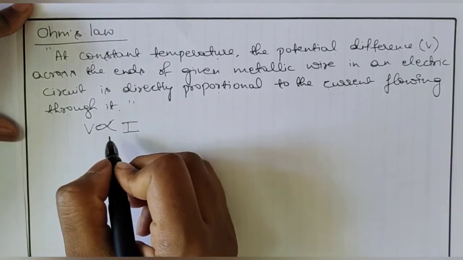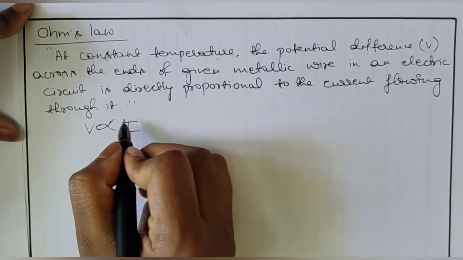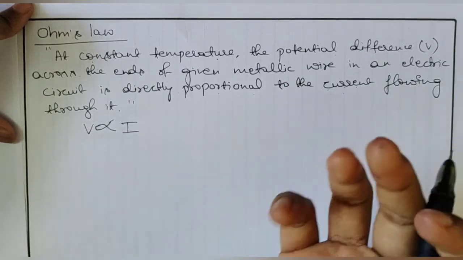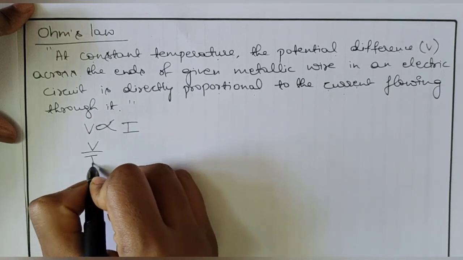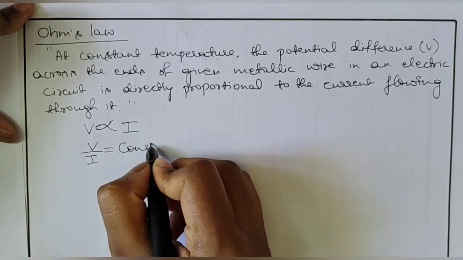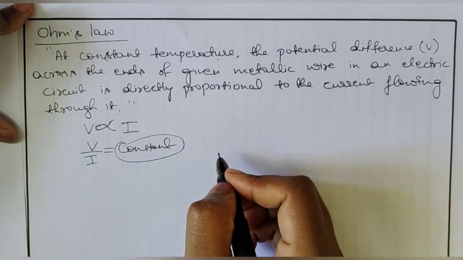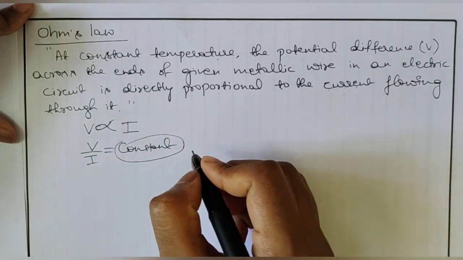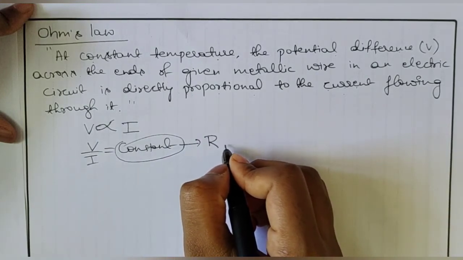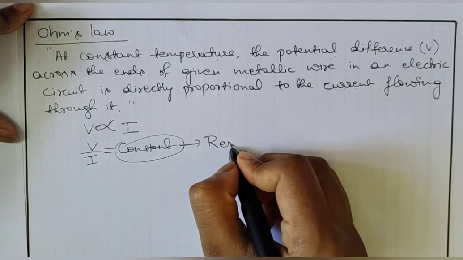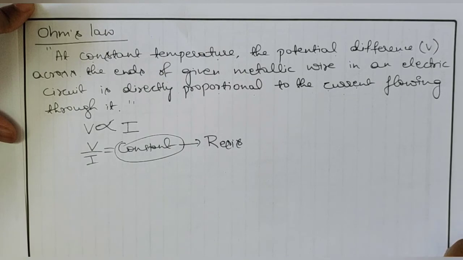Clear? Now here it is not our end formula. We need to remove this proportionality by introducing a constant. So V divided by I is equal to a constant. Now this constant is a term we introduce called R. This is our proportionality constant, which is called resistance.